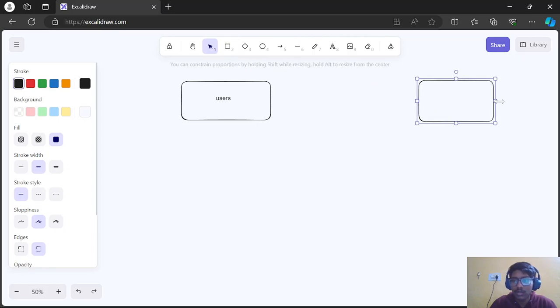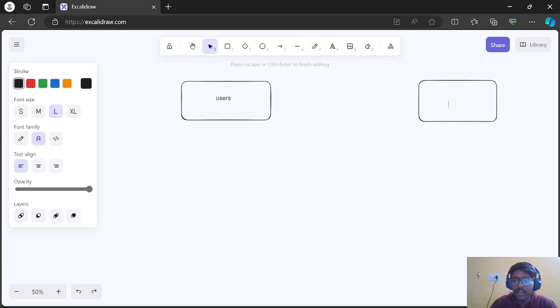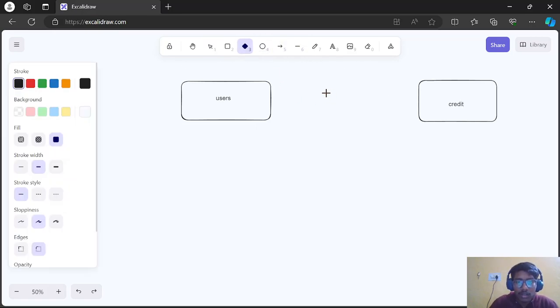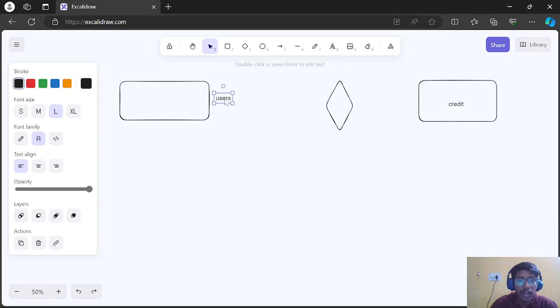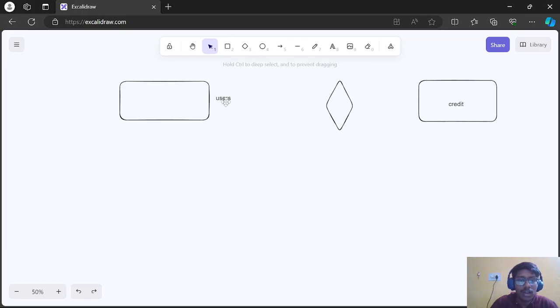Let's discuss the relationship between the user and the credit. As I explained previously, the entities are represented by rectangles.